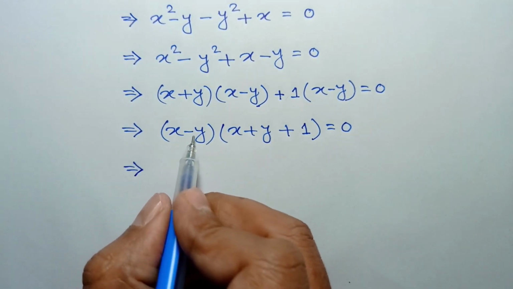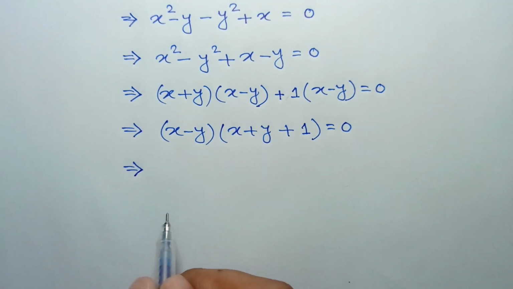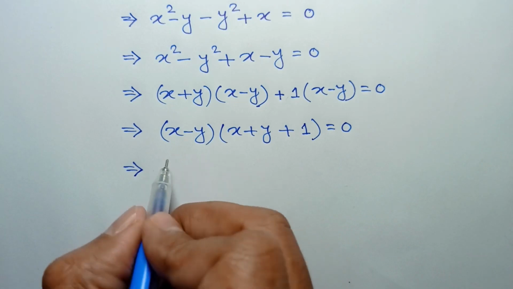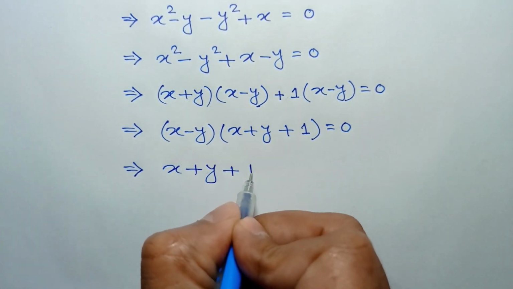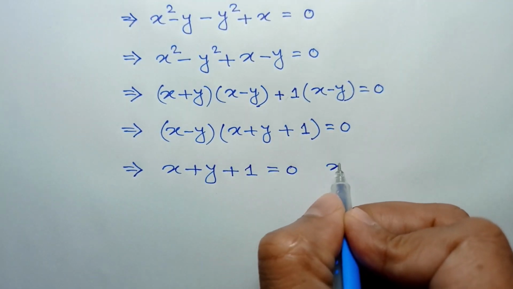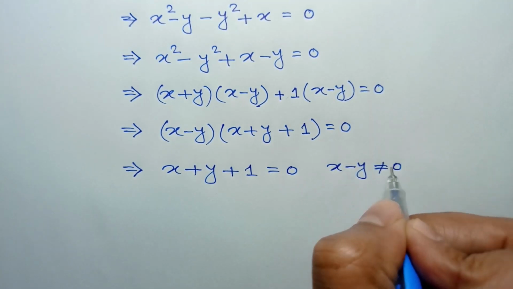As x is not equal to y, x − y is not equal to 0. So dividing both sides by x − y, we can write x + y + 1 = 0, as x − y is not equal to 0.